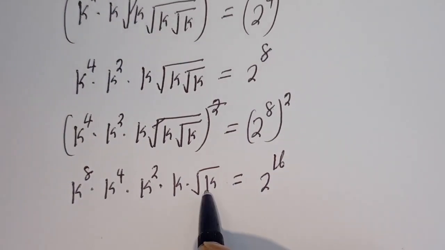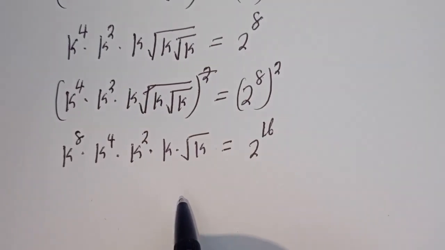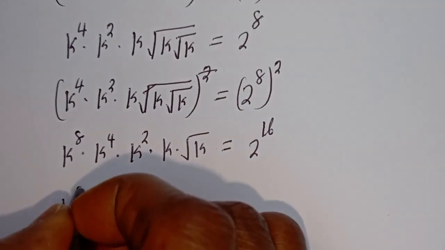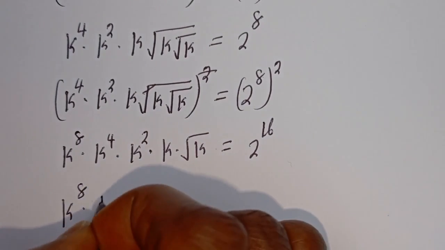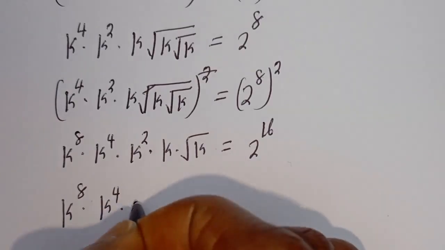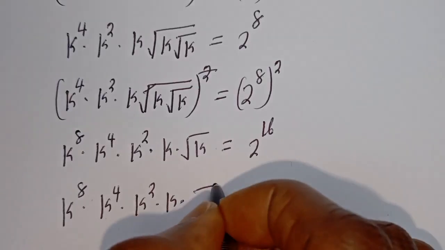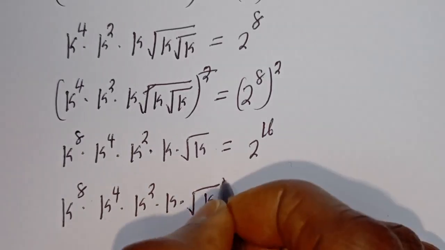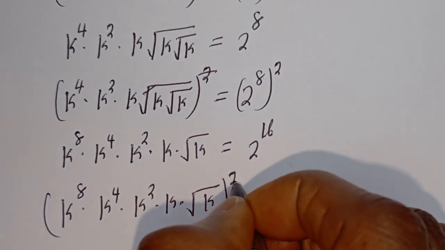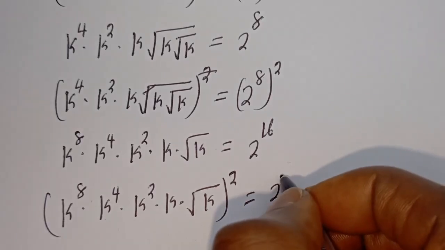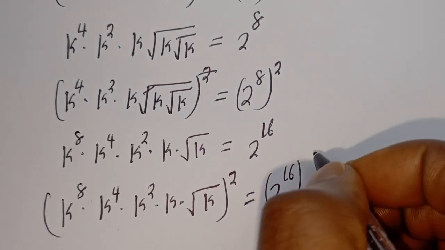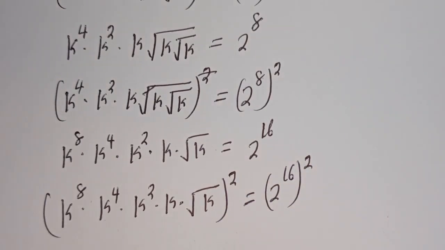Let's square both sides of this equation again. We have k to the power of 8 multiplied by k to the power of 4 multiplied by k squared multiplied by k multiplied by square root of k, all squared, is equal to 2 to the power of 16 squared.